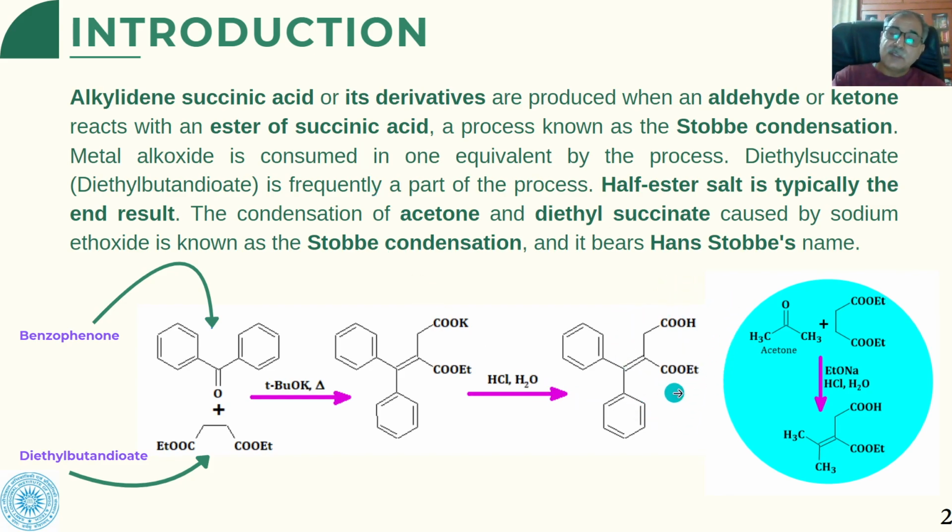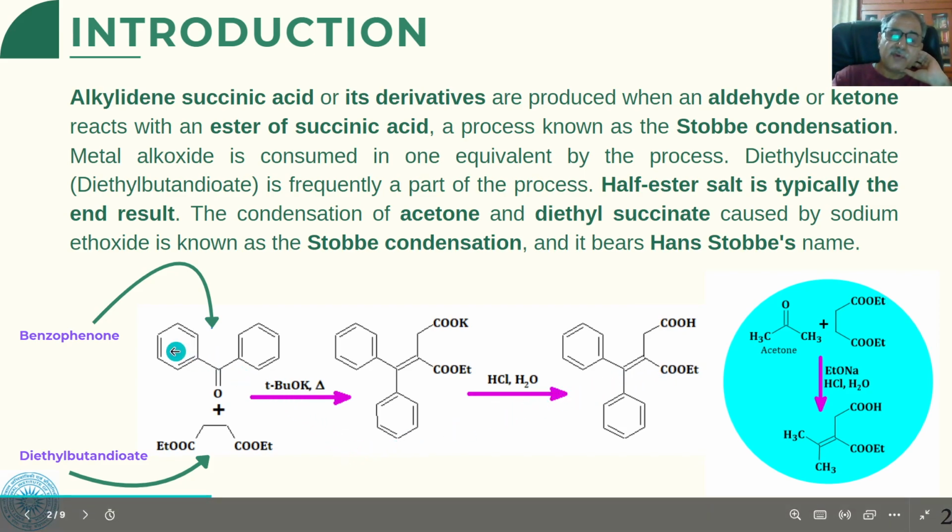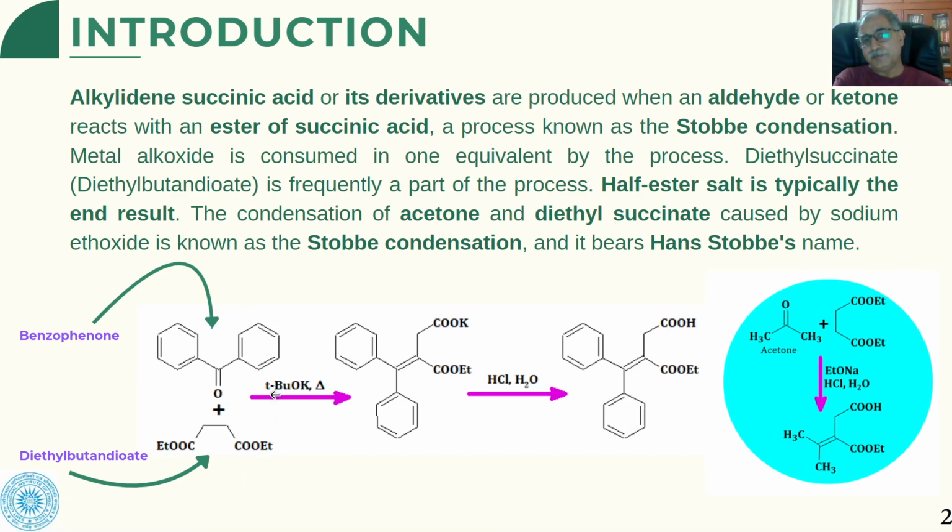These unsaturated alkylidene succinic acid derivatives are synthesized when we react esters of succinic acid with any aldehydes or ketones, and the product of this condensation between these two reactants is known as Stobbe's condensation.